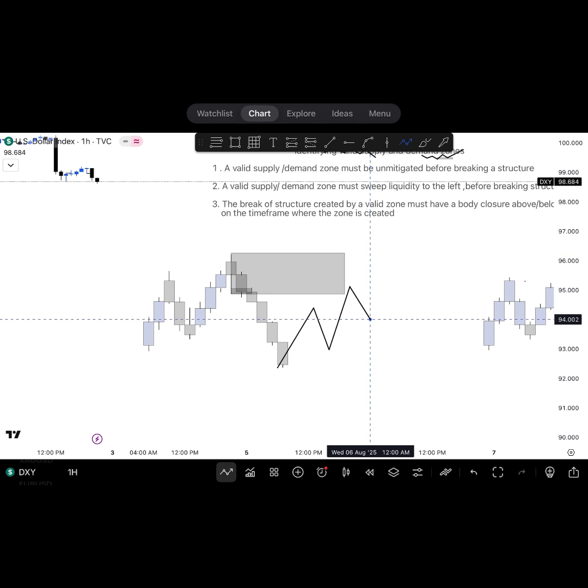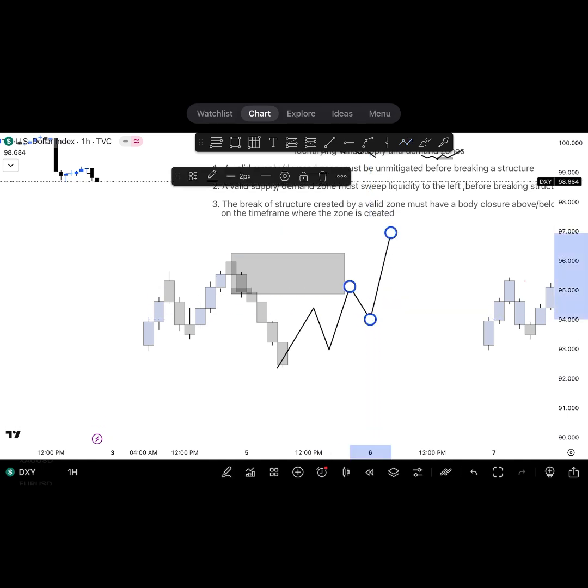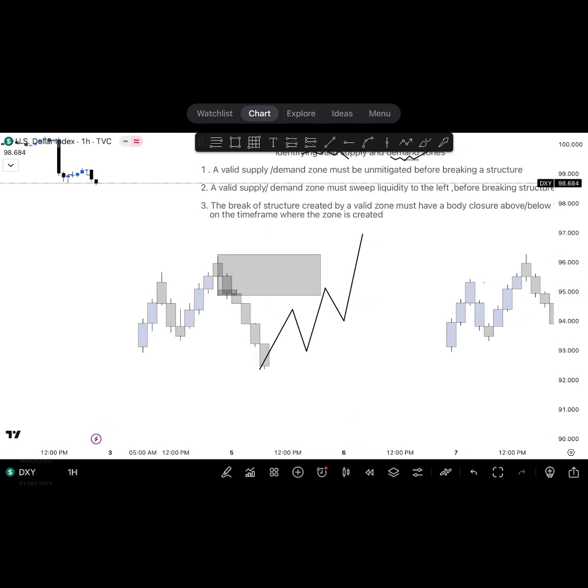Price will get there, give us a small reaction, then it will break to the upside, and then you lose money and you start complaining, why exactly did I lose money? This is why. Most times we tend not to take note of these little things.